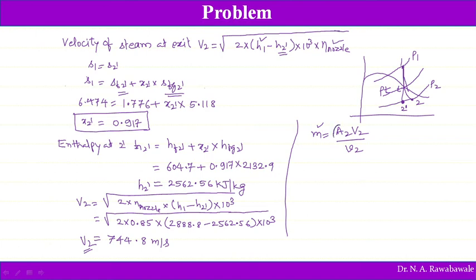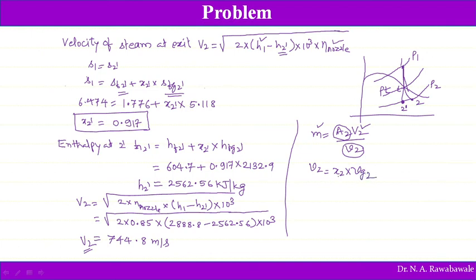Area at exit is asked. So velocity we have obtained. Now if we know specific volume at exit, then if we substitute everything we can find out the area. So our aim is to find out v2. So v2 is equal to x2 into vg2.